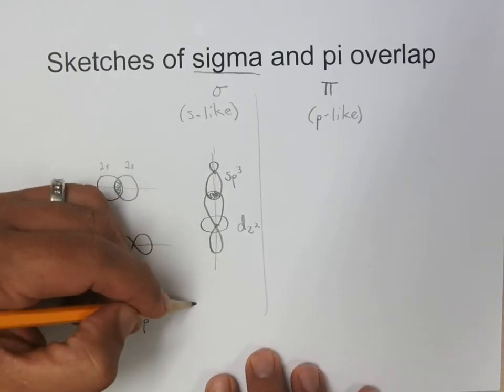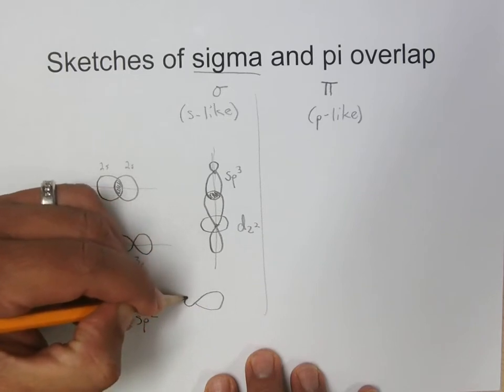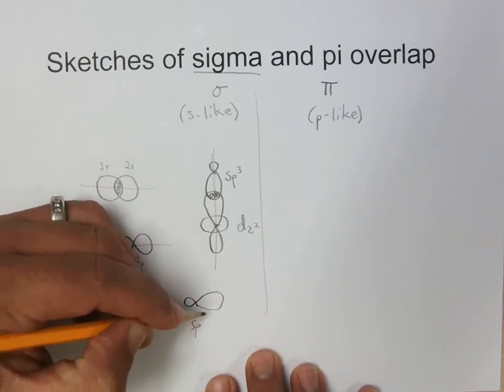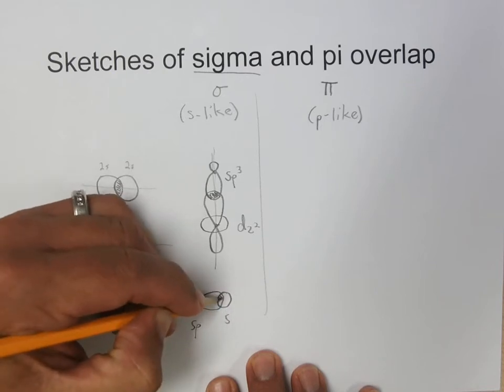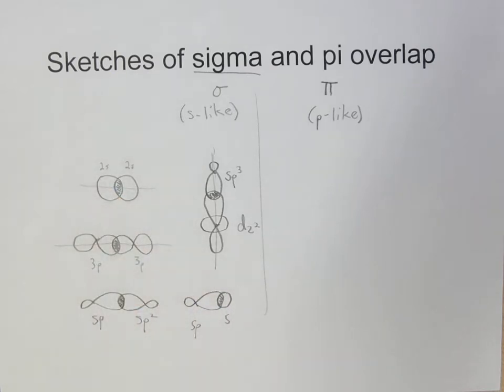One you'll see quite a bit is a hybrid orbital, like an sp, interacting with an s orbital, and that again is a sigma interaction. So any two orbitals interacting head-to-head in this fashion is going to be a sigma overlap and form a sigma bond. These are all little sketches of sigma bonds.